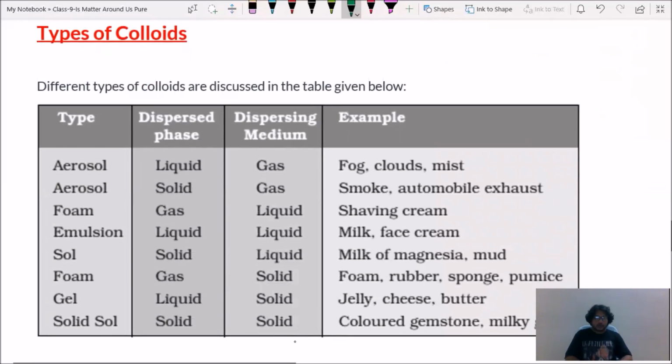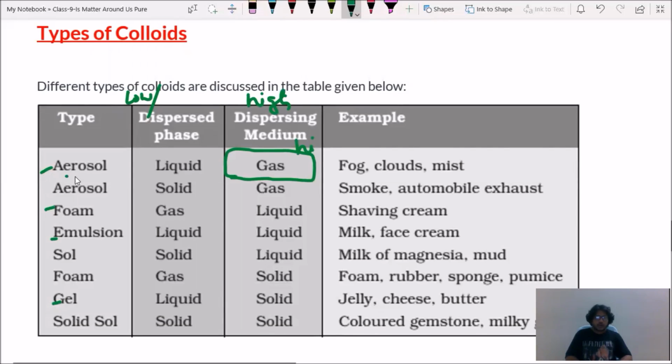You see, there are a few examples like aerosol, foam, emulsion, gel. If you see aerosol, in that gas is the major component, I mean high in quantity. You can consider this dispersion medium as high quantity and the dispersed phase as low quantity, the particles which are occupied in it.